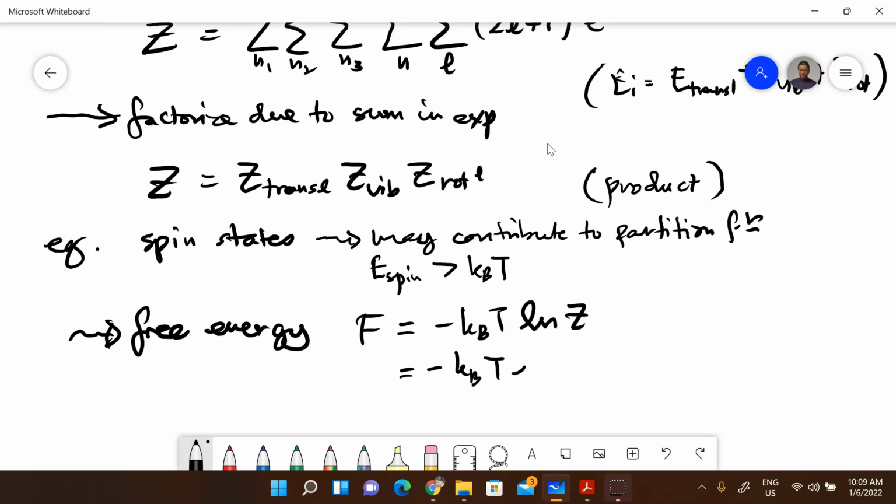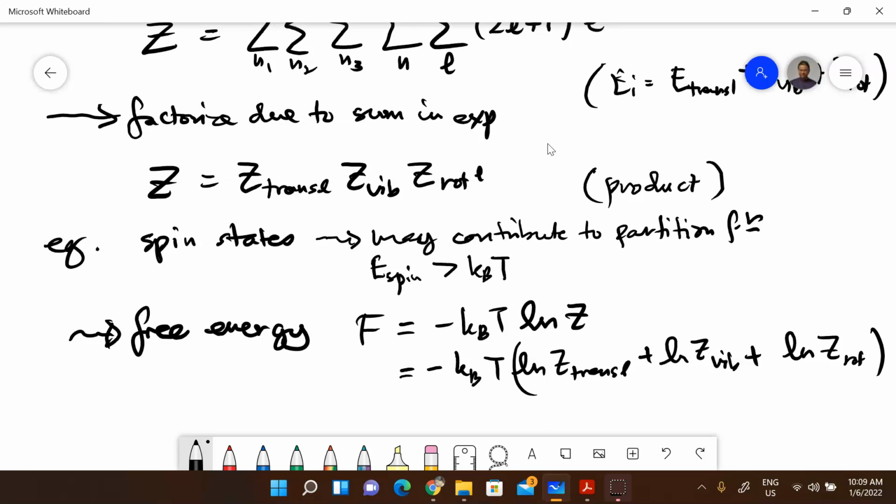So we have log of z translational, plus log of z vibrational, and then log of z rotational. So again it becomes a sum.